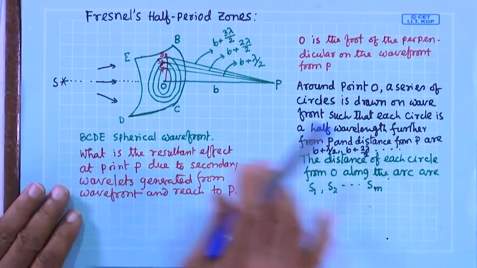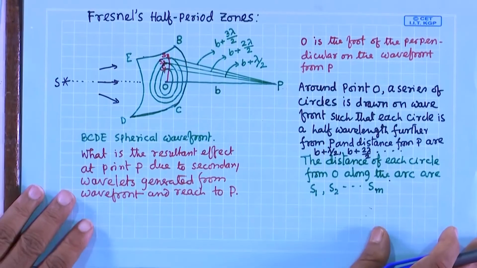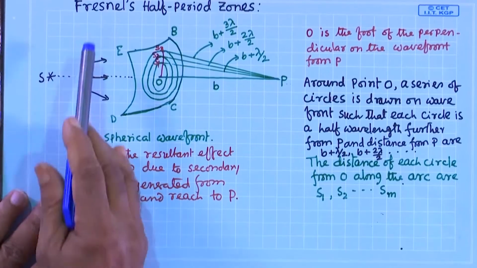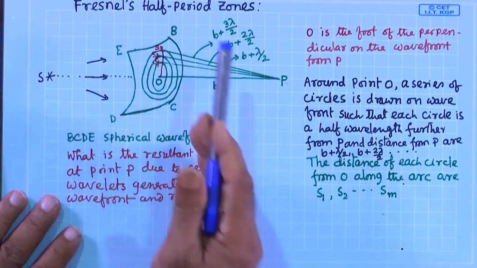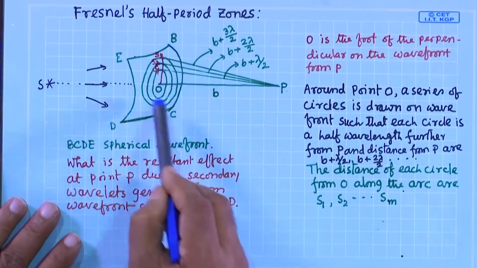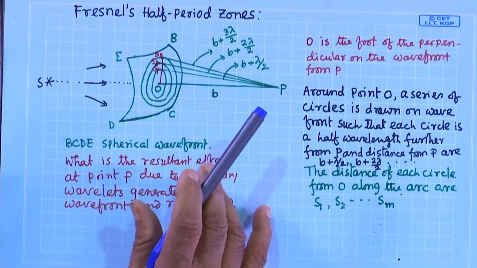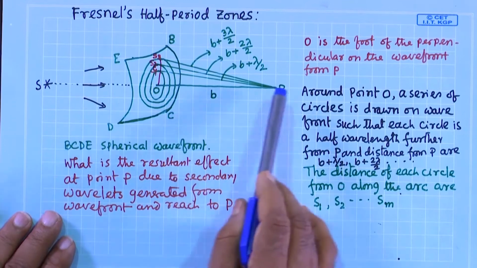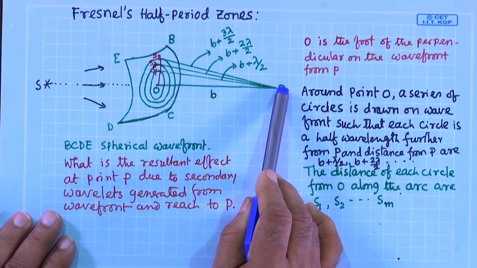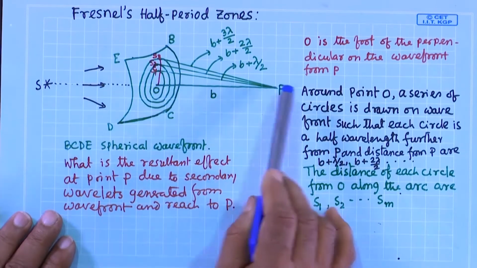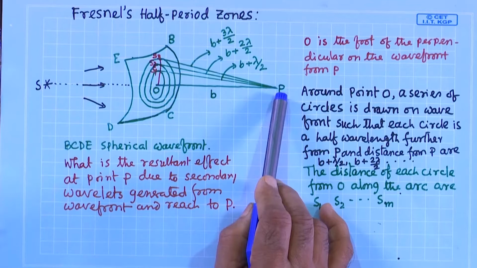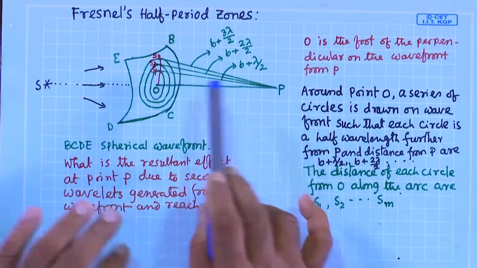Fresnel half period zones: from the source, spherical wavefronts are coming, and this is a portion of that spherical wavefront. At a point P we want to see the effect of this wavefront.